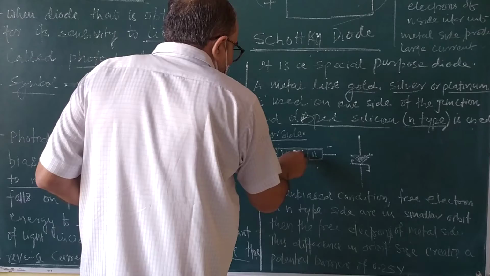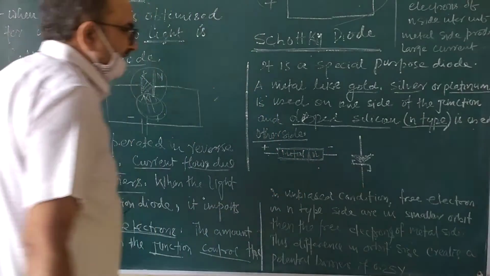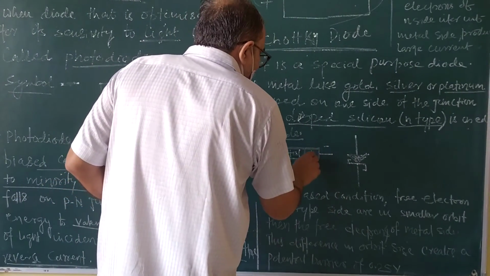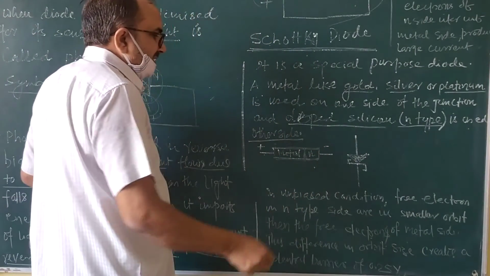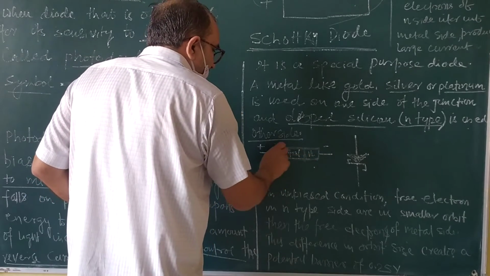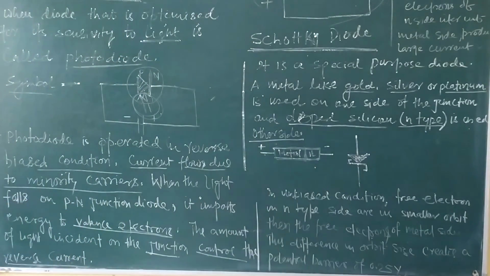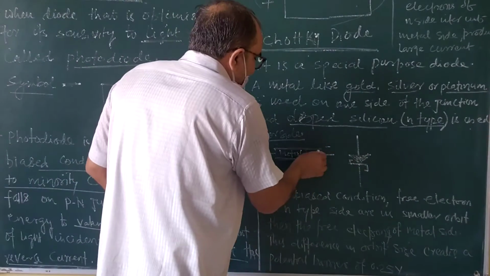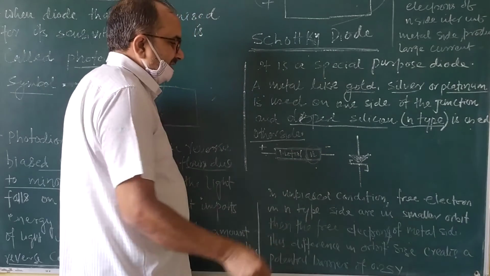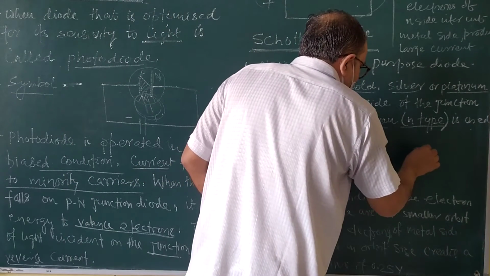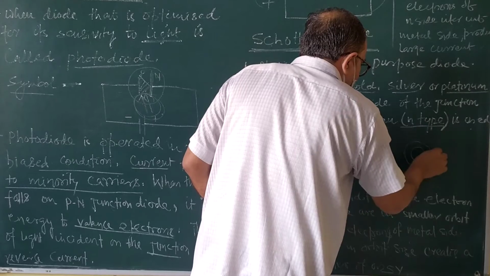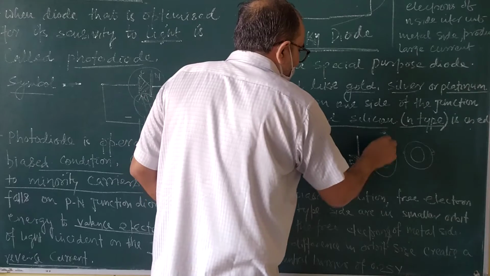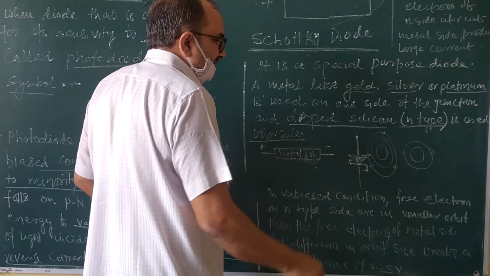What happens here? In both cases only free electrons are available, because the major carrier in the n type semiconductor is free electrons, and in metal also current flows due to free electrons. The only difference is that in n type semiconductors these free electrons are available in the lower orbits, whereas in metal free electrons are available in the higher orbits.